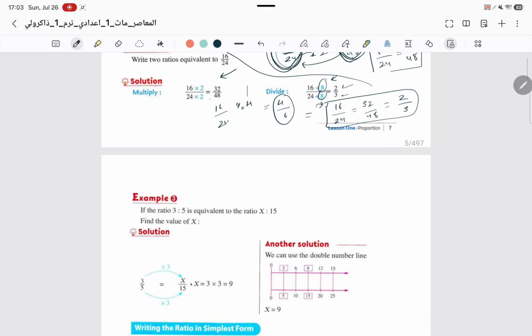Okay, that's good. The third example we have here, he said, if the ratio 3 over 5 is equivalent to the ratio x over 15. Equivalent means equal to the ratio x over 15. He said here, find the value of x.